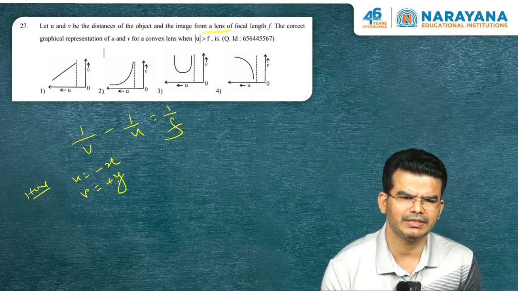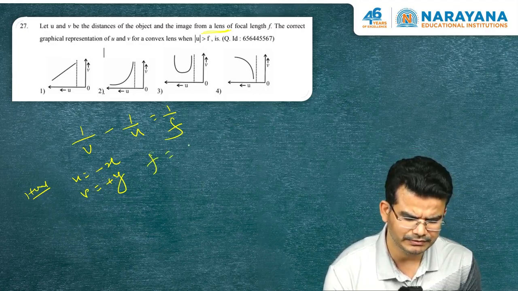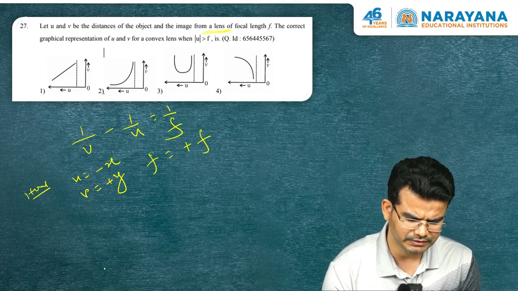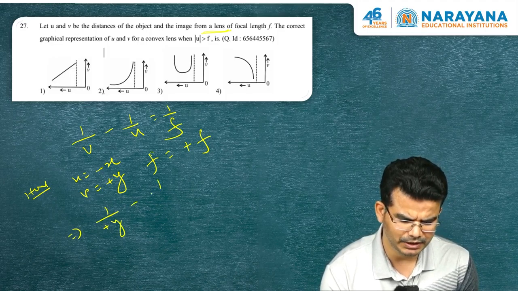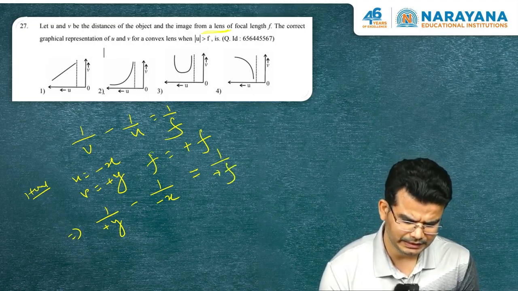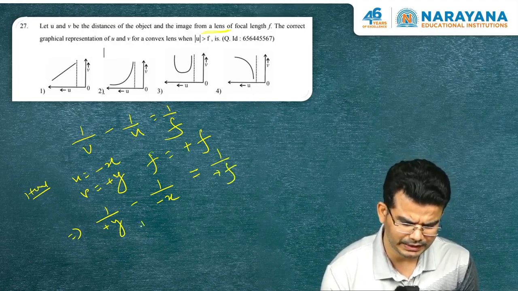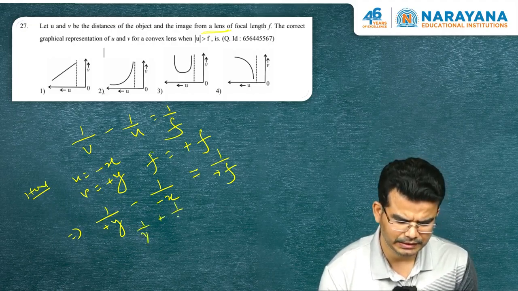A real image is on the other side of the lens, so v will be positive, and the focal length for a convex lens will be plus f. Let us put these values. We get 1 by y minus 1 by minus x equals 1 by f. Finally it is 1 by y plus 1 by x equals 1 by f.